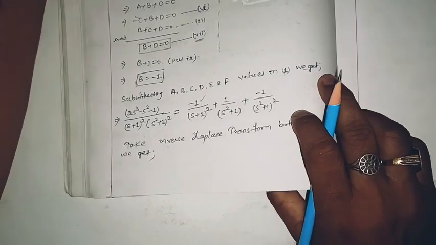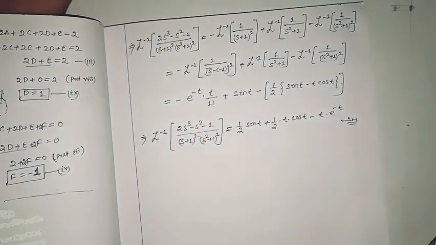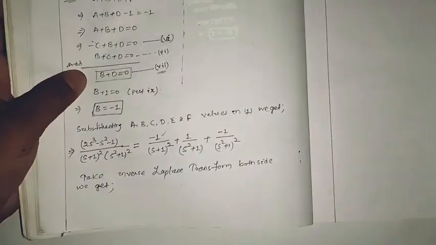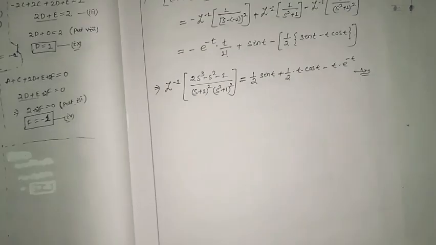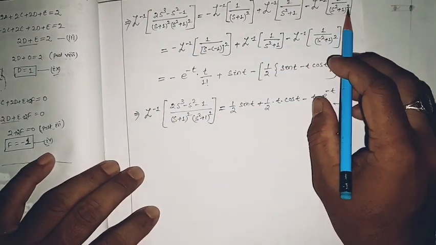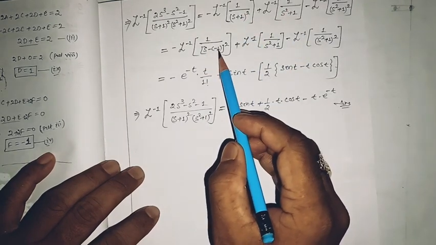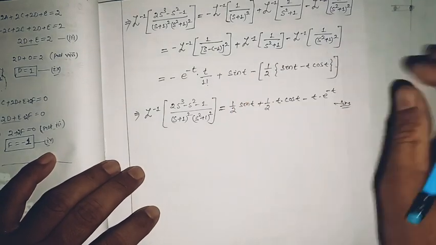So finally we found these three terms by substituting these values in equation number 1. Now we are going to take the inverse Laplace transform on both sides. Minus is taken outside, inverse Laplace transform of this one, and this one, minus inverse Laplace transform of this one. So here 1 by (s minus of minus 1) whole square, and this value is t by 1 factorial.